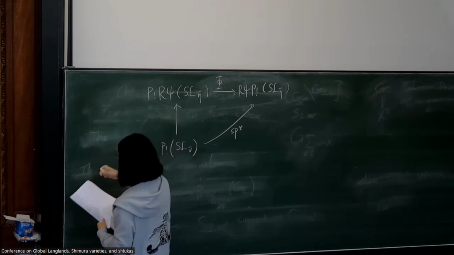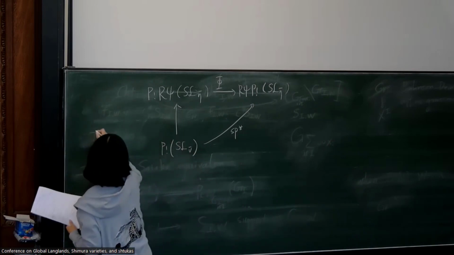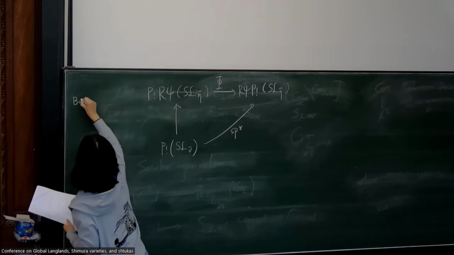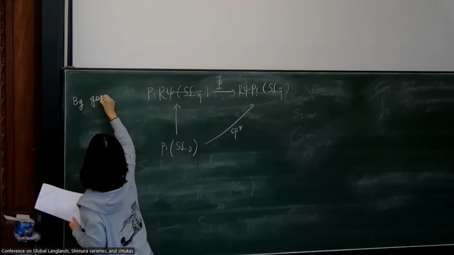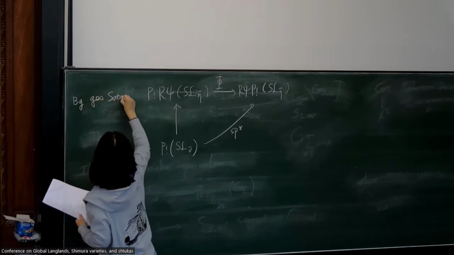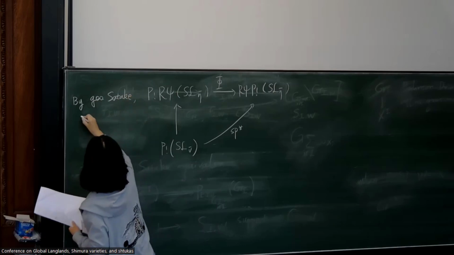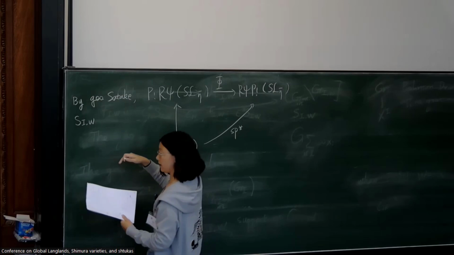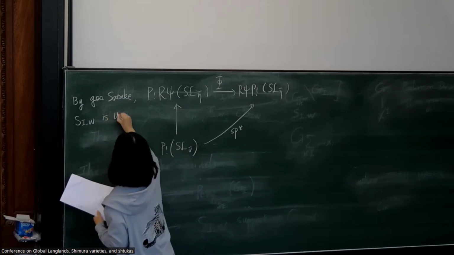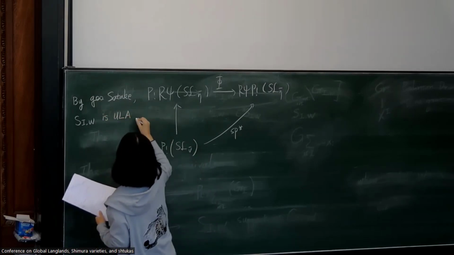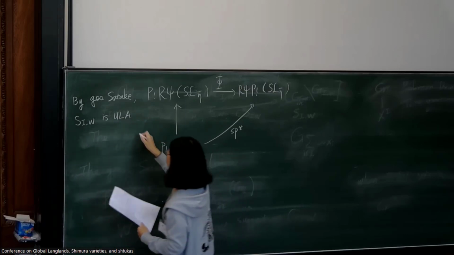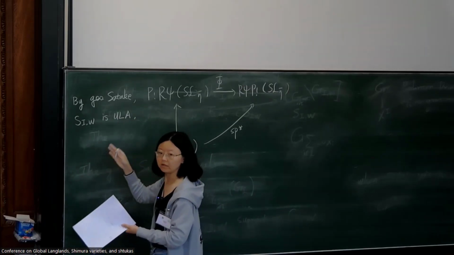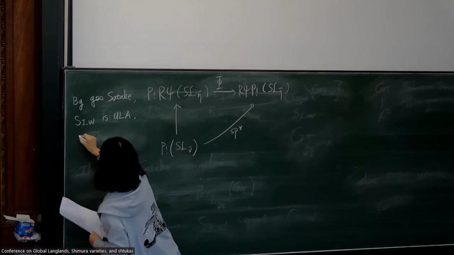By geometric Zariski-Nagata, the sheaf is universally locally acyclic over X_I, so it is the inverse image of this.